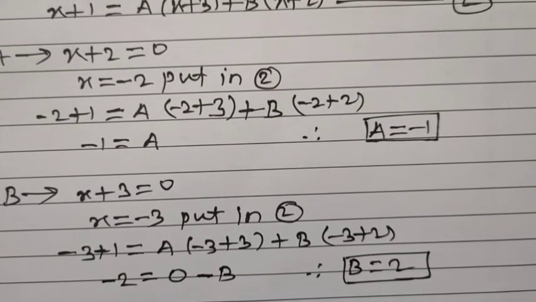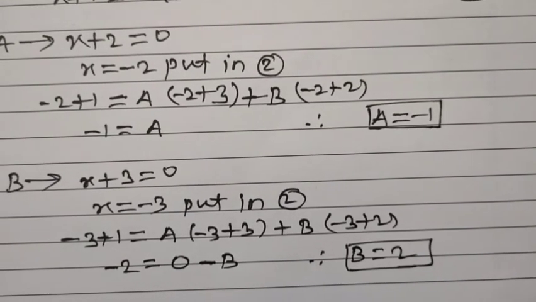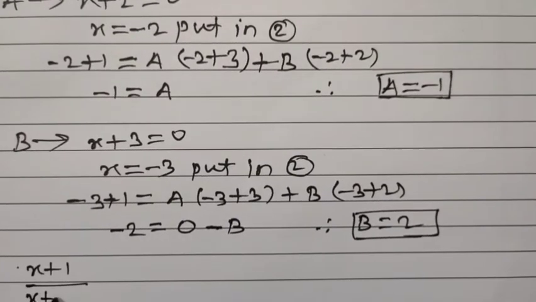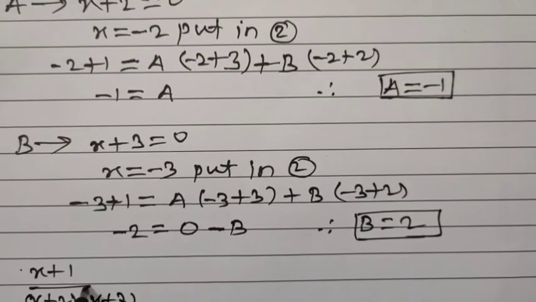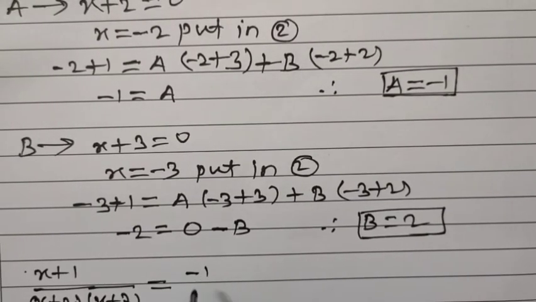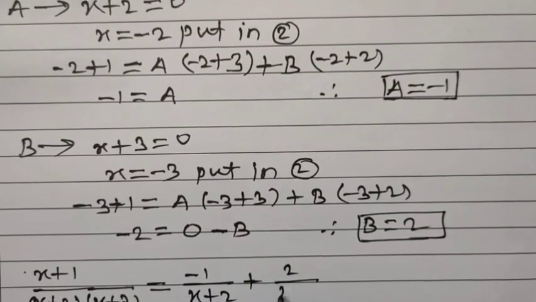Now put these values in equation number 1. Hence we can write x plus 1 divided by x plus 2 into x plus 3 is equal to a upon x plus 2. A is minus 1, minus 1 upon x plus 2 plus b upon x plus 3. B is 2, 2 upon x plus 3.